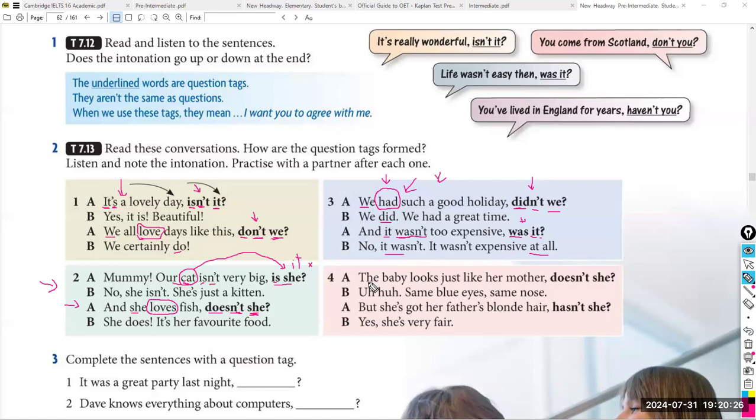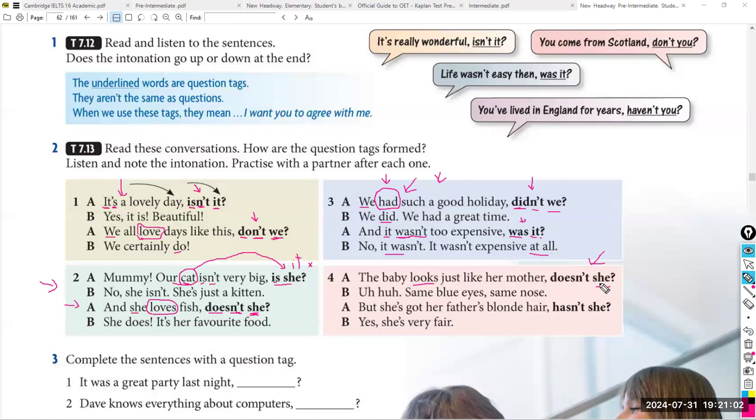The final box that we have, the baby looks just like her mother, doesn't she? Now, who could tell me why I wrote doesn't she? Because I use the main verb. Where is the main verb? Looks. Looks, thank you. And why I wrote does not do? Because the baby, we can put he.